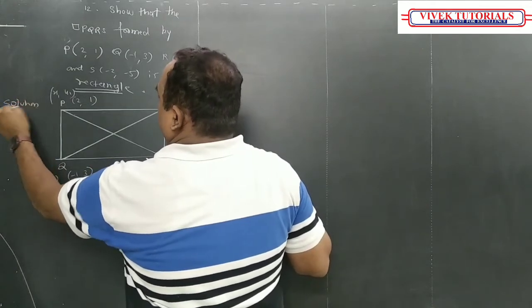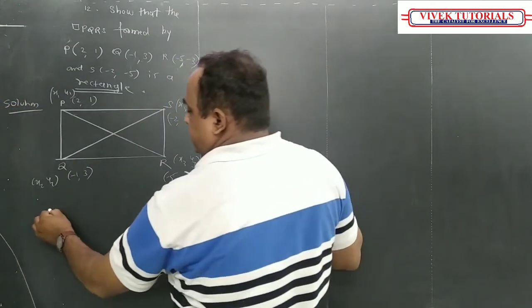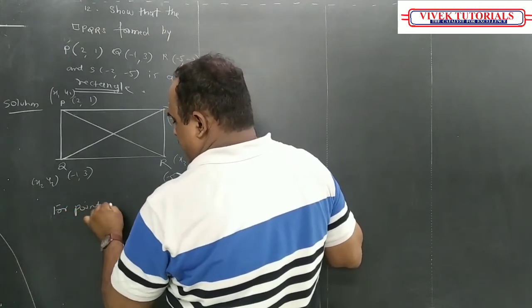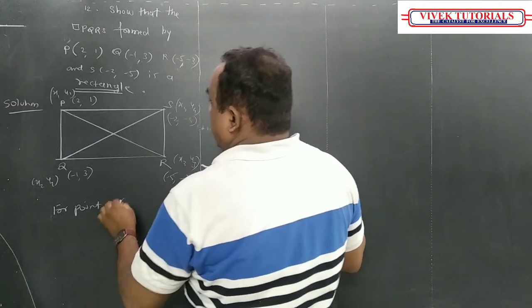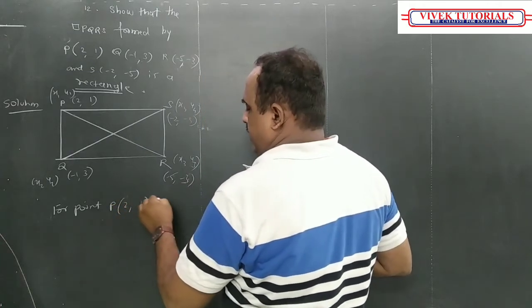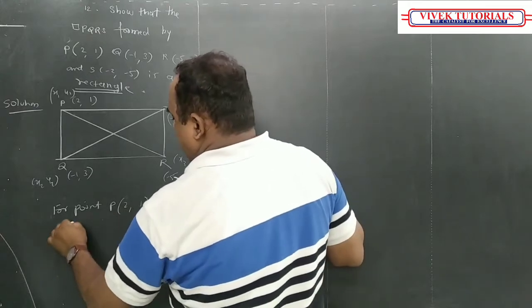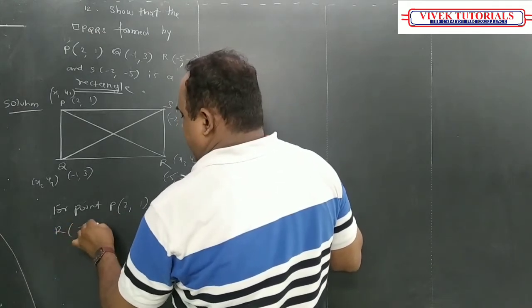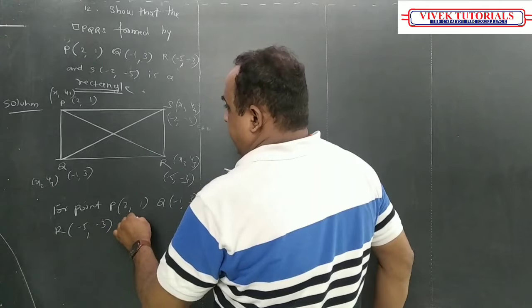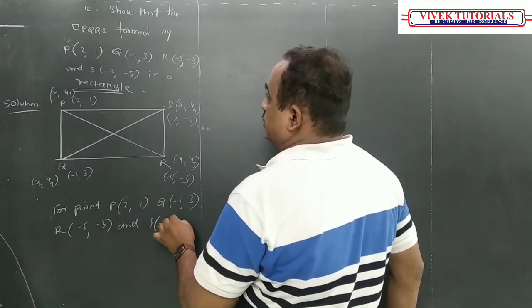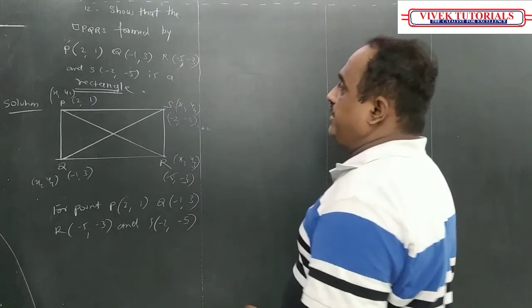Okay, and I am going to start here. Let the points P be (2, 1), Q (-1, 3), R (-5, -3), and S (-2, -5).